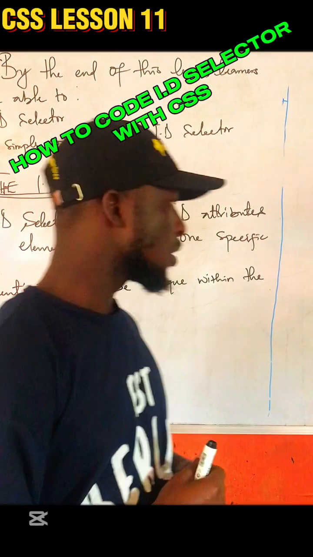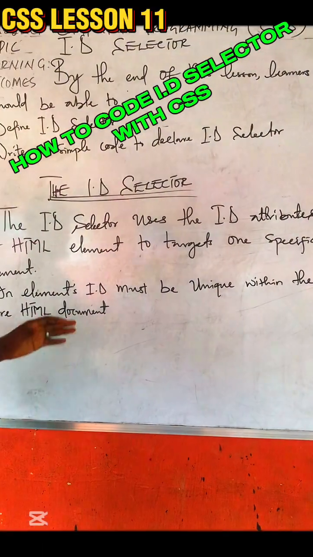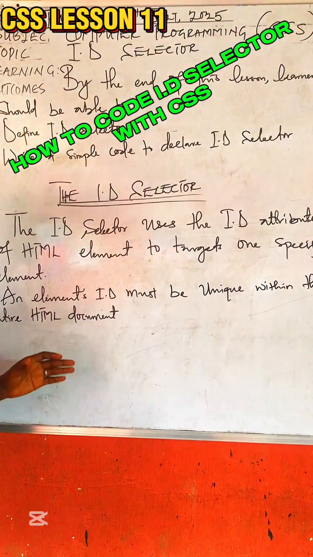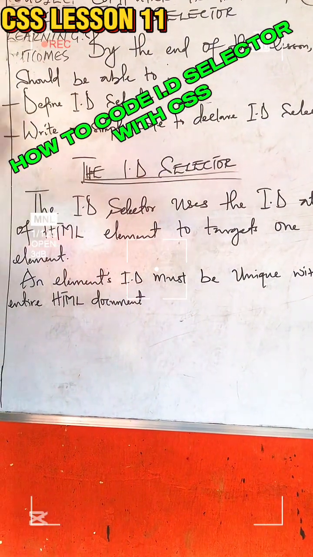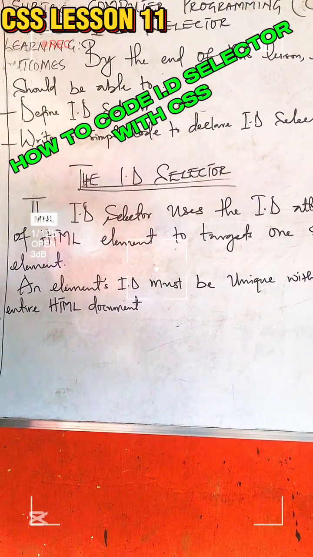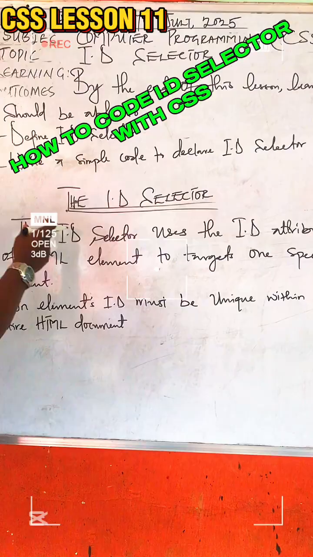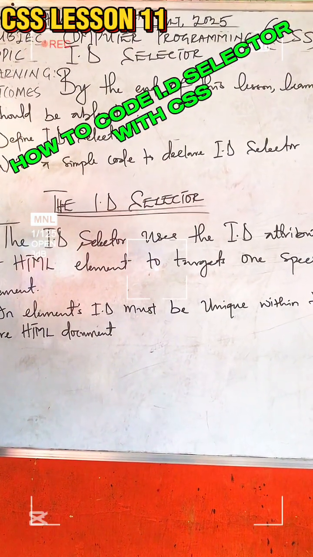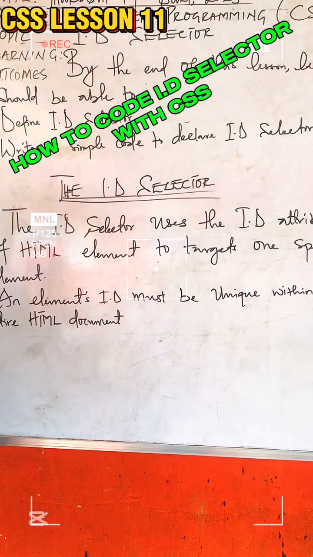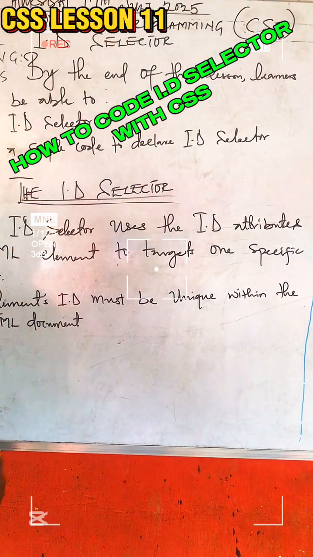So let's move into the real business. The coding part, the simple code that will interpret this, goes thus. If we are asked to write a code based on this ID selector, we want to declare a CSS document, a code.